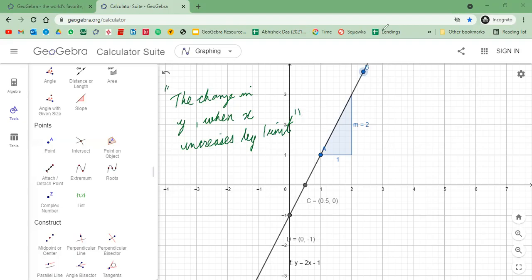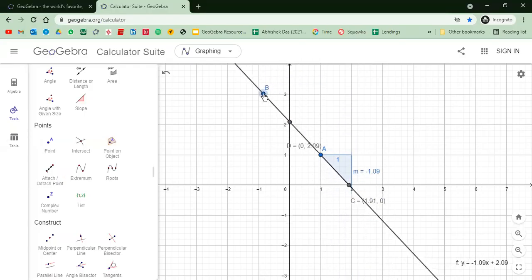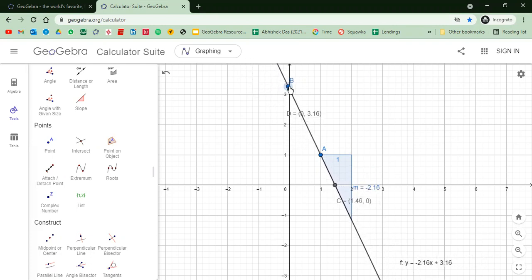Now let's take a negative slope. What will happen? Let's take -2. It's very hard to get -2, but yeah, that's the idea.